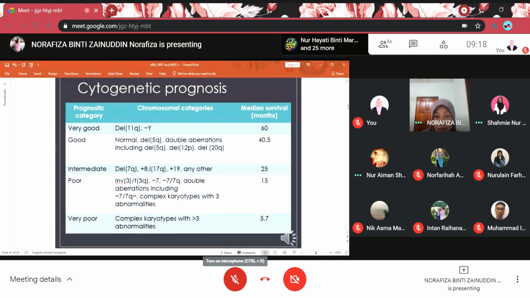Dulu memang saya ajar nomenclature ni, tapi saya rasa lepas tu saya serah pada Dr. Madia. Saya tak sure you all dah belajar belum. Kalau tak sure boleh tanya dia.